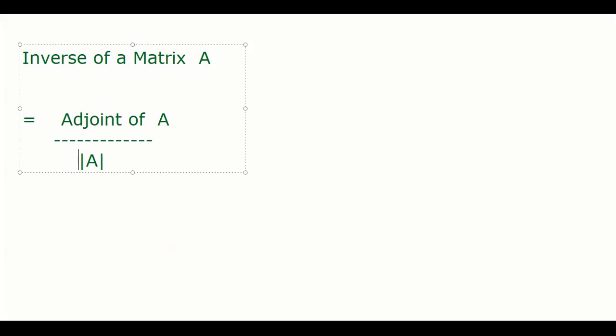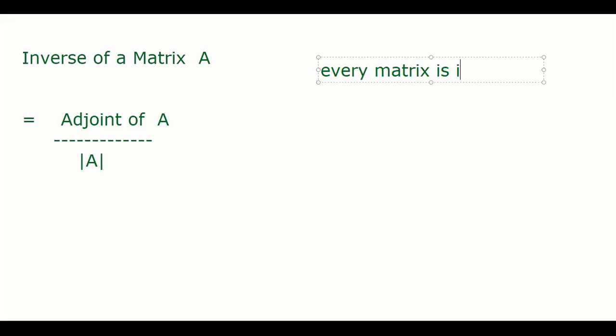But whether every matrix is invertible or not? No. Tell me how many say yes or no? Every matrix is invertible. Yes or no? No. Why no? Determinant should not be equal to 0 for inverse.